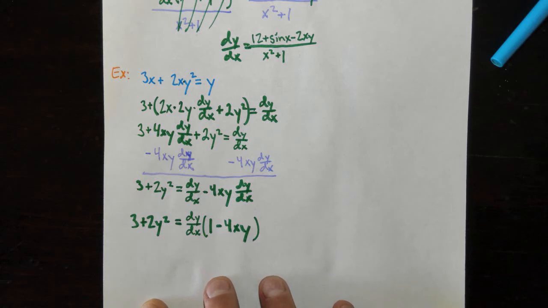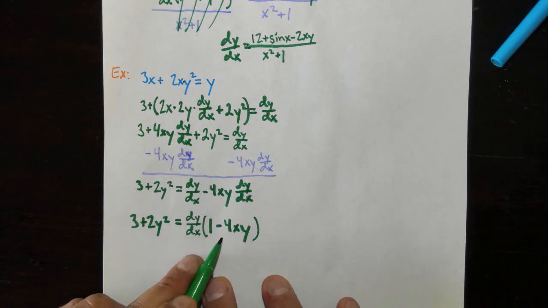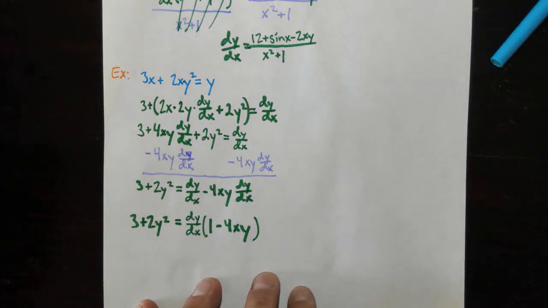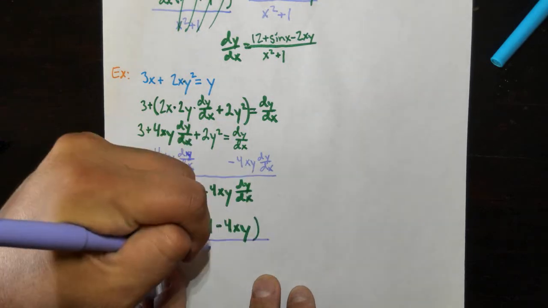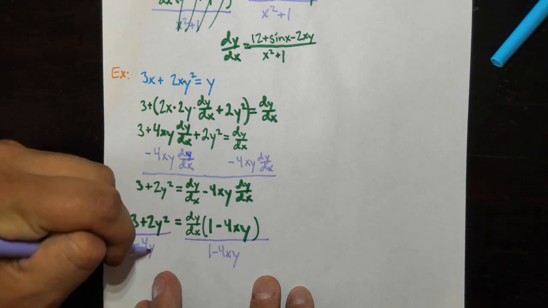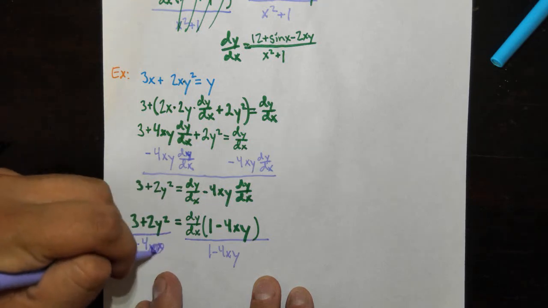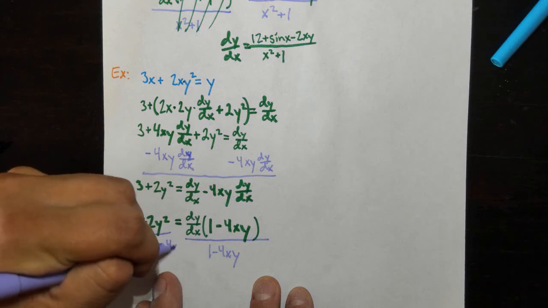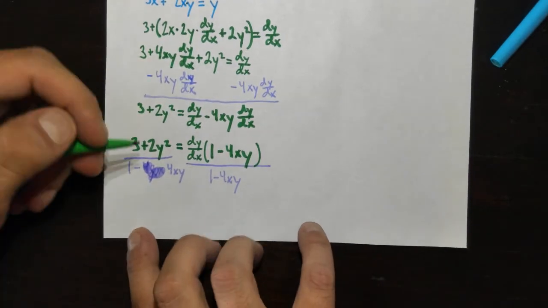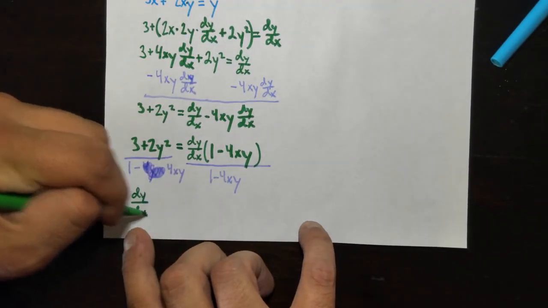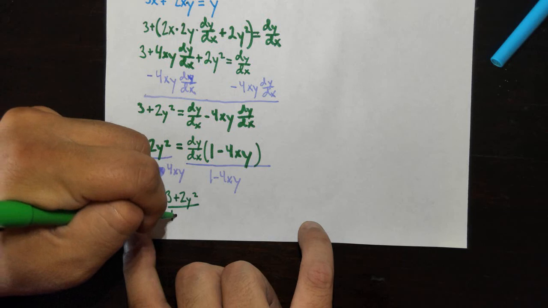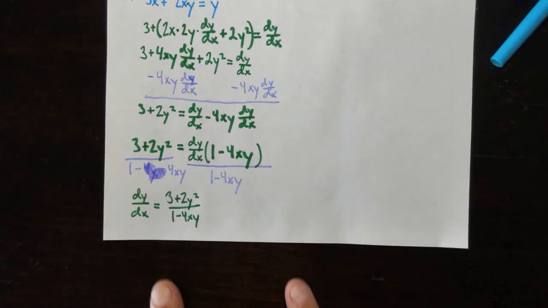And now we can go ahead and divide both sides by 1 minus 4xy. And so what we're left with here is dy dx is equal to 3 plus 2y squared over 1 minus 4xy. And there we have it.